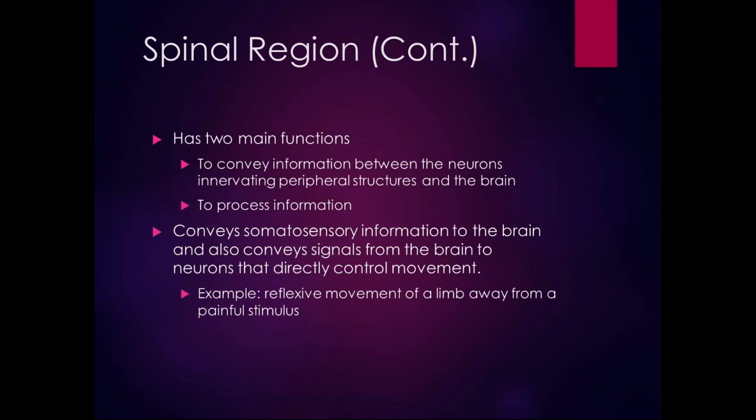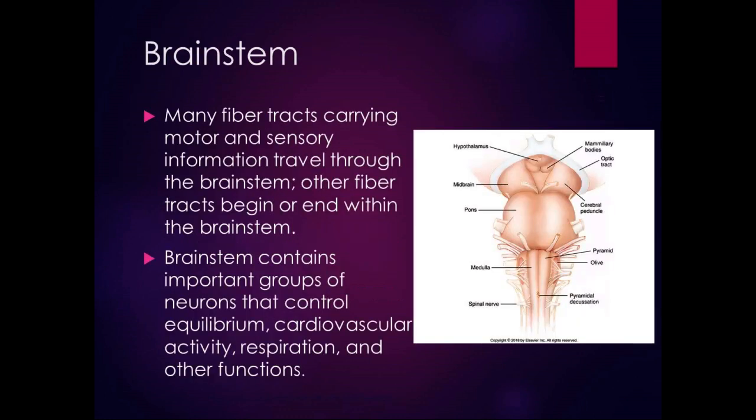All of the processing goes on in the spinal cord. It does not have to go up to the brain to get that. So the spinal region conveys somatosensory information to the brain and conveys signals from the brain to the neurons that directly control movement. There are some interneurons, which are in between the afferent and the efferent, that help process that information. So a lot going on in the spinal region.